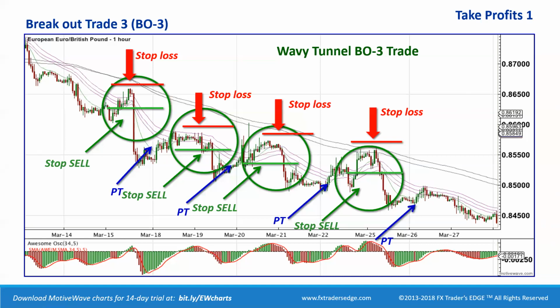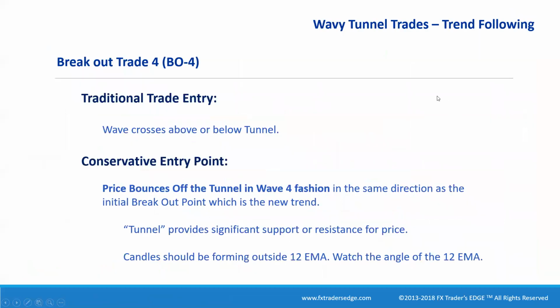We might want to use the 3 profiteers and set our potential target based on a higher time frame, maybe a Fibonacci extension. And then, as we will learn on Thursday, we will learn how to set our 3 profit targets and move our stops accordingly. So that's the breakout 3.